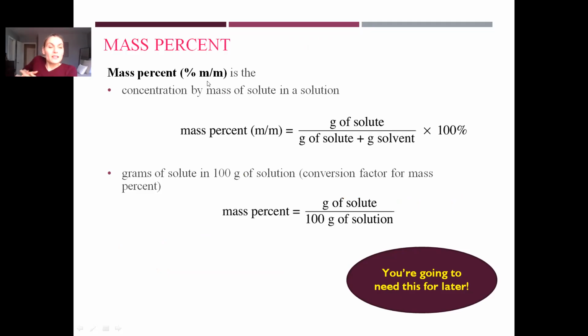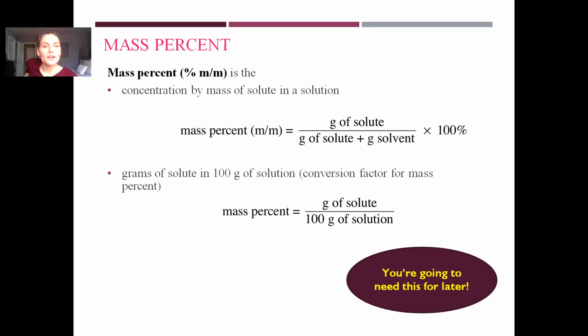All right, so the first thing that we're going to try to calculate is mass percent. And so this is just grams over grams, if you will. And then we multiply by 100%. The reason we multiply by 100% is because if we were just doing grams over grams, it would cancel each other out and we wouldn't have a unit. So if we multiply by 100%, we can call it the mass percent.